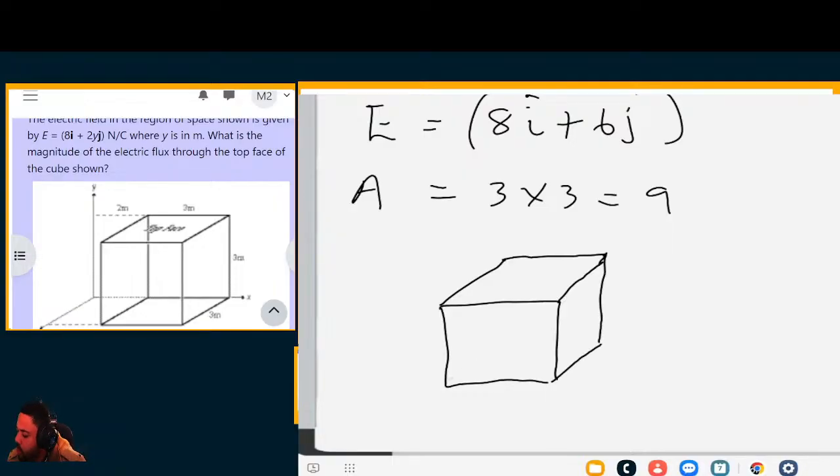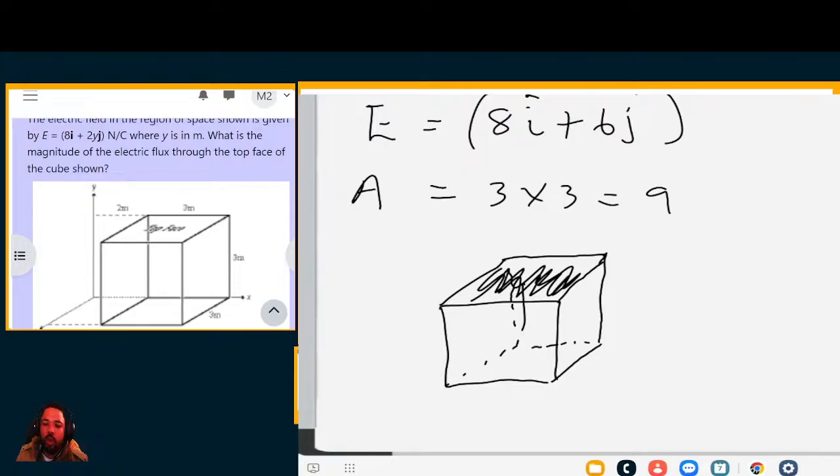So we are looking at this box, specifically at this top surface. Now we found out what the area is. The area vector is always perpendicular to that area. There are two directions perpendicular to that area, one going down and one going up.